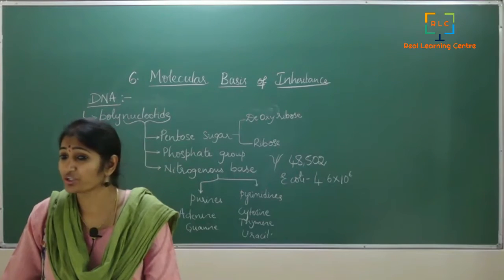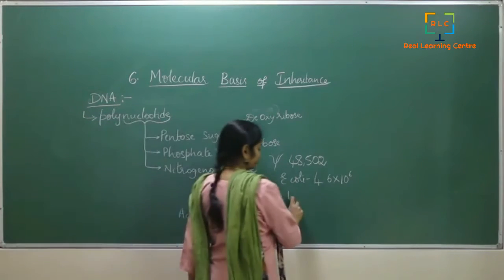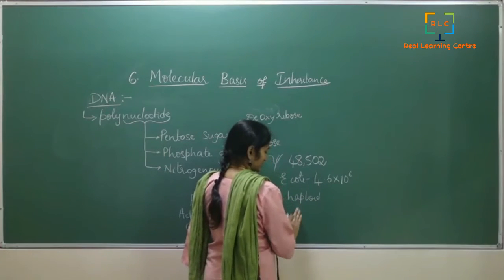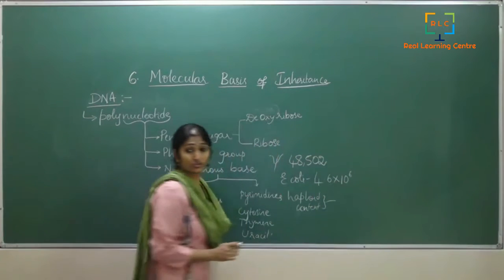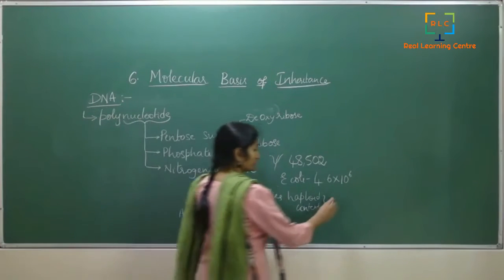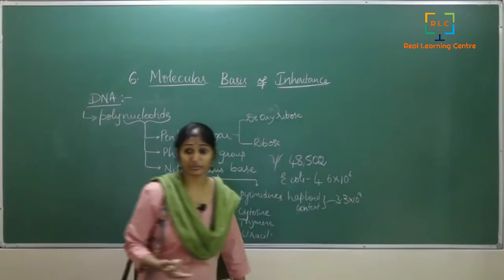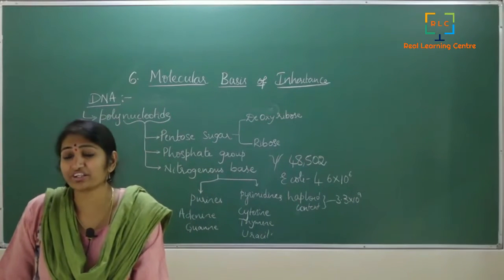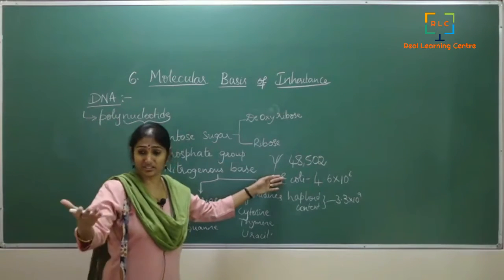Now in the case of humans, the haploid content, so in the sperms and the eggs, the DNA that we have is somewhere around 3.3 into 10 to the power of 9 bases. So you can imagine how long our DNA could be, right? In the case of E. coli, it's a circular DNA.